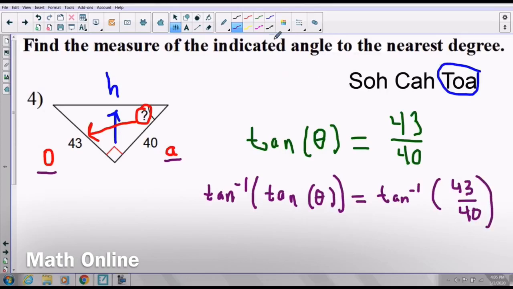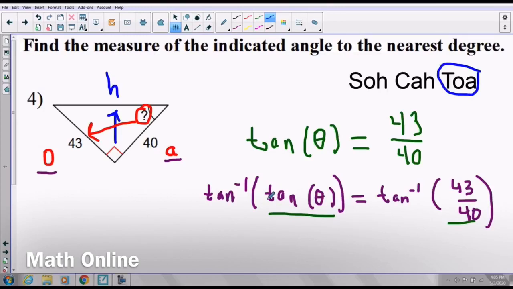So as you guys can see, all I did was apply the inverse tangent on both sides, okay? Because if you see, this part was already on the equation, and the ratio was already in the equation, okay? So I just took the inverse tangent on both sides. Now, as I said before, when we simplify the left side, the inverse tangent and the tangent will simplify each other out. Why?